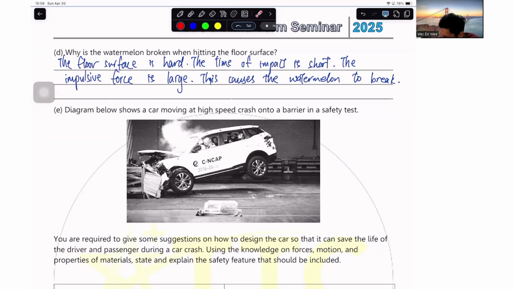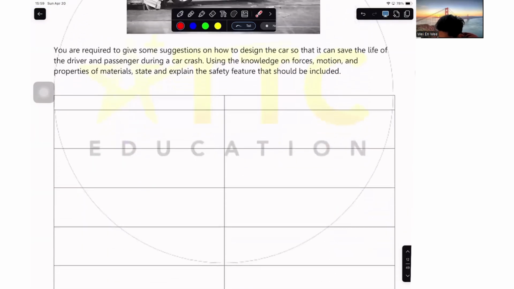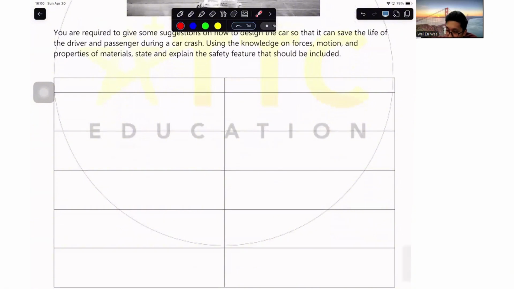Okay, now last one. Give me safety features of a car. Give me safety features of a car. Seatbelt.